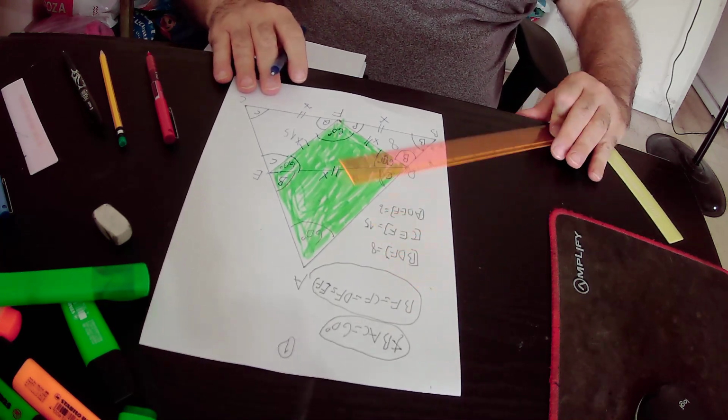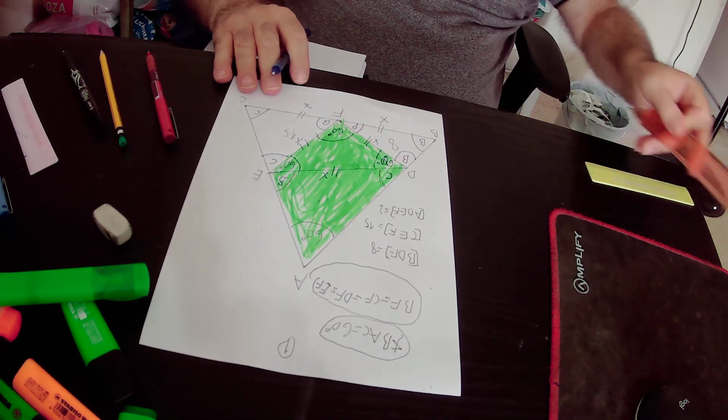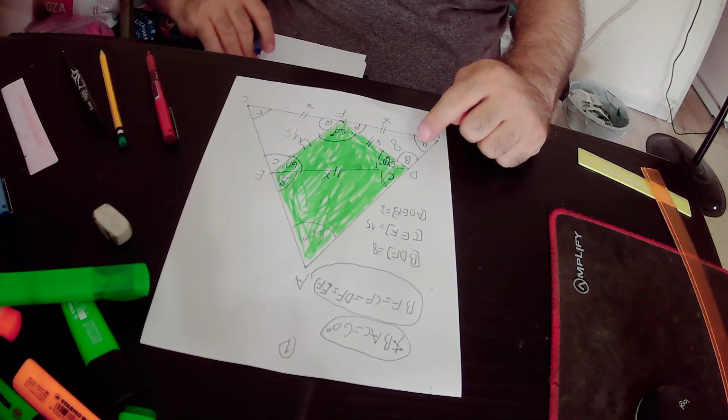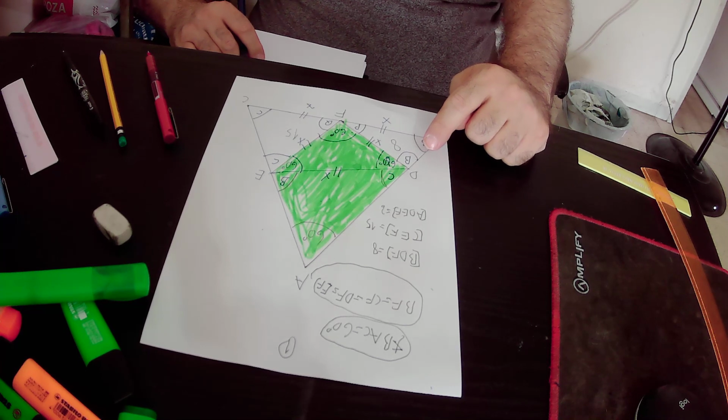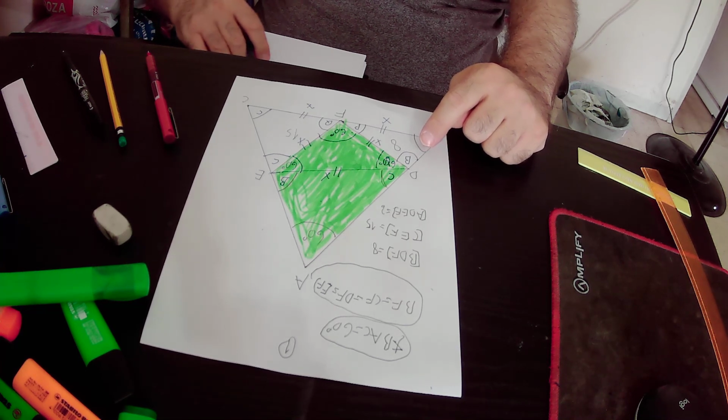Now we can calculate again the area of triangle BDF according to the formula that I presented to you.